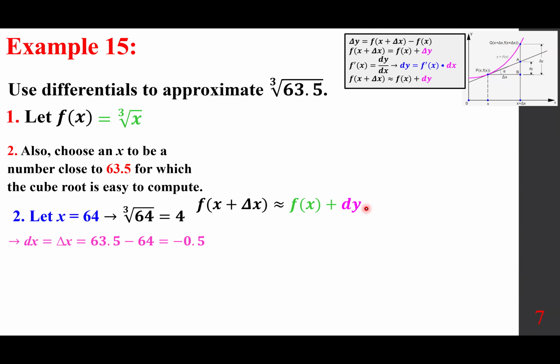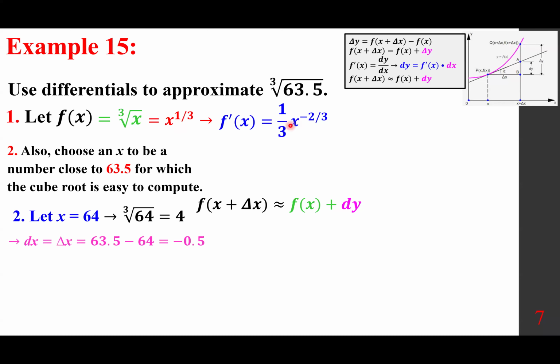To find dy, we're going to go with f prime of x first. To differentiate this, we're going to rewrite this as x to the power of 1/3. So its derivative is 1/3 x to the power of negative 2/3.